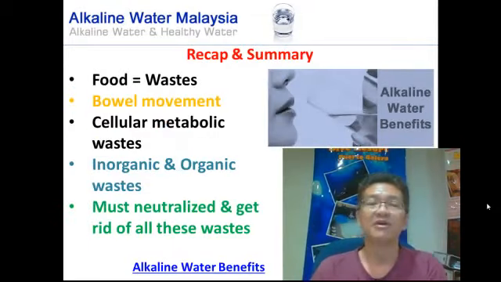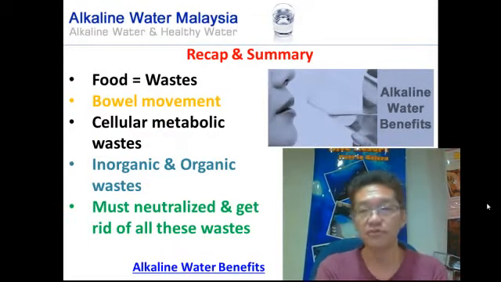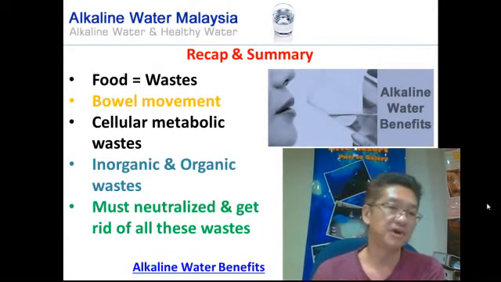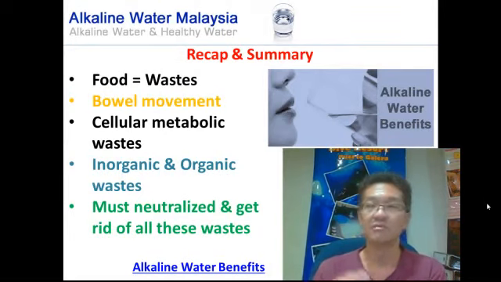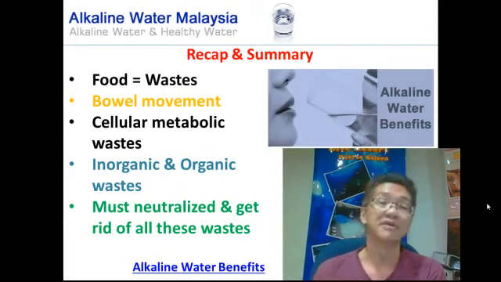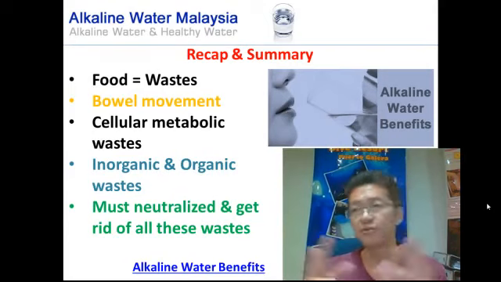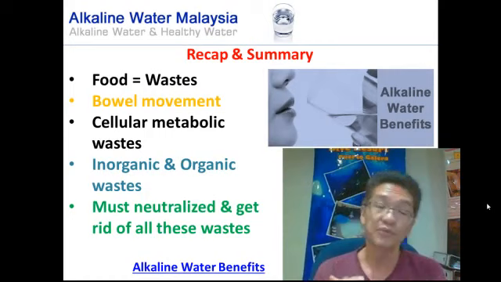So let's recap and summarize, okay? Of the food we eat, some will be made use of by the body, and the parts that cannot be used by the body or by the cells are termed wastes, okay? Depending on the type, this waste can be expelled from the body through bowel movement, okay?